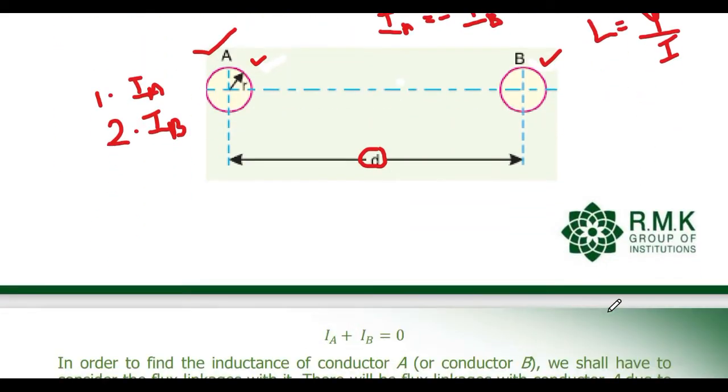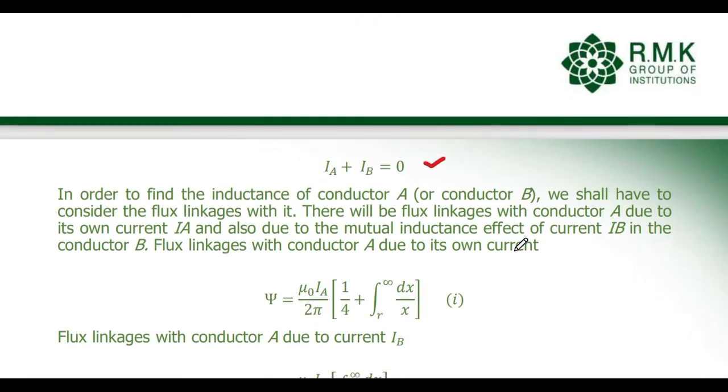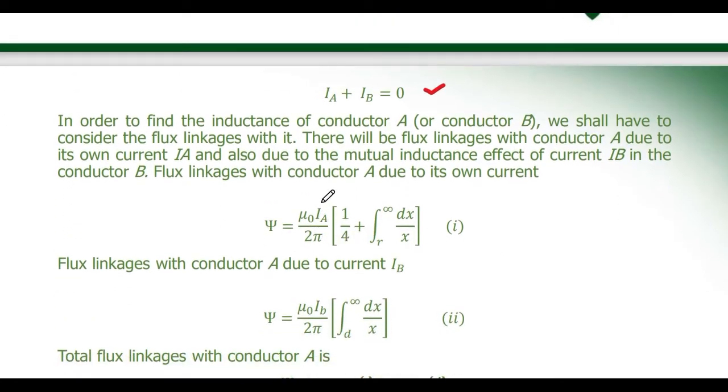Now, I already told you IA equals minus IB. If you make it an equation, we get IA plus IB equal to 0. Now consider the flux linkage due to its own current, for the conductor A. The conductor has its own current IA.